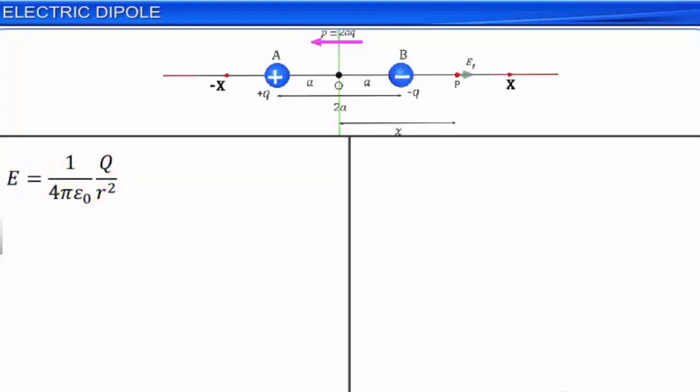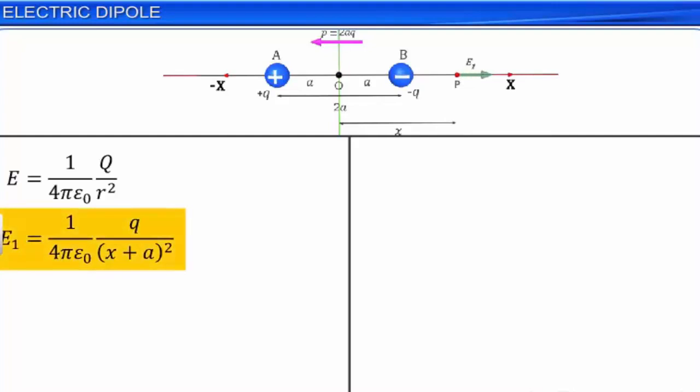Following the expression, the magnitude of the electric field strength E1 due to the charge plus q is equal to 1 by 4 pi epsilon naught q by x plus a square. Let this be equation 1. The direction of this electric field is in the direction opposite to that of the dipole moment.